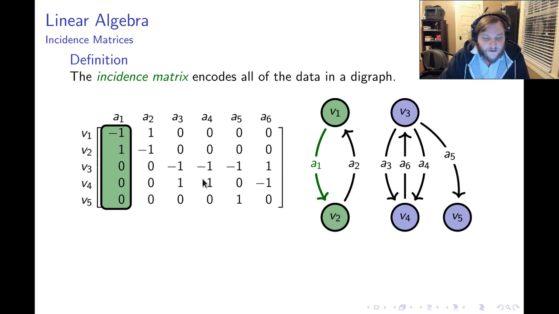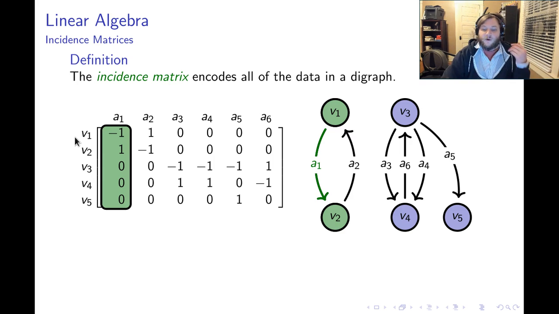Let's focus on the first column of the incidence matrix. The idea is that this first column corresponds to the first arrow in the directed graph. And the first arrow in the directed graph points from V1 to V2. So this arrow points from V1 to V2, and none of the other nodes are relevant as far as the first arrow is concerned.